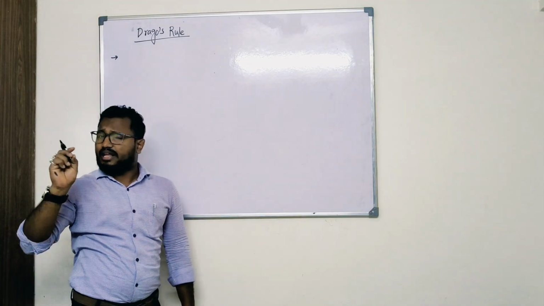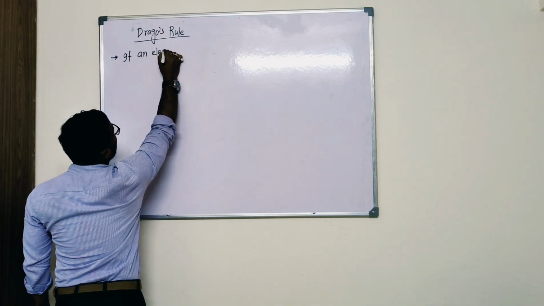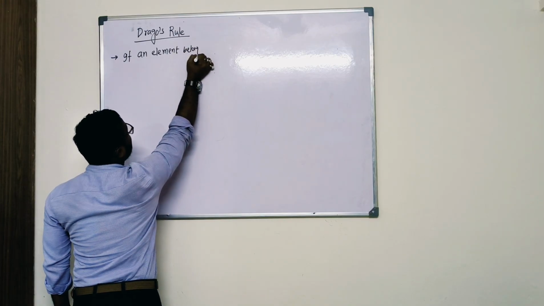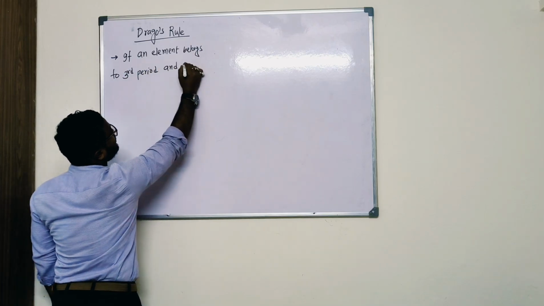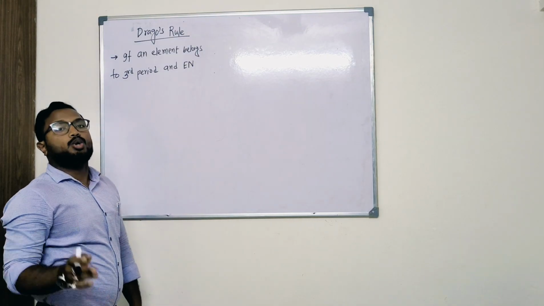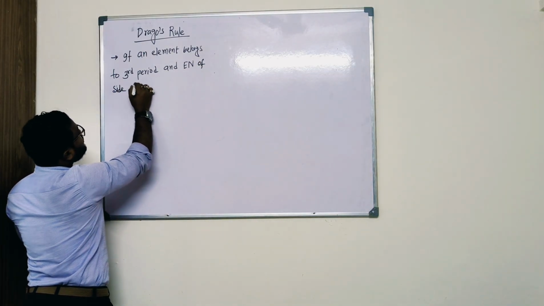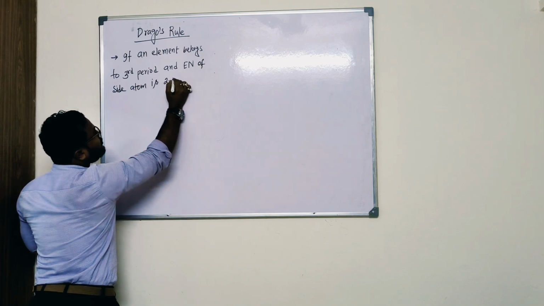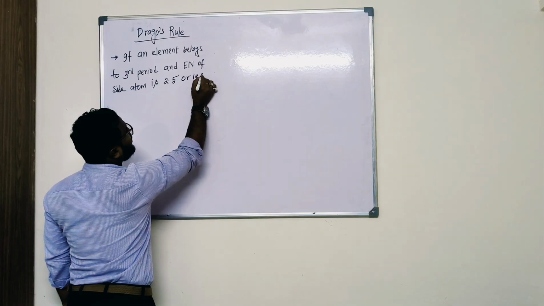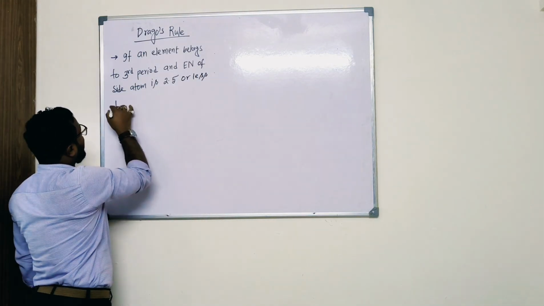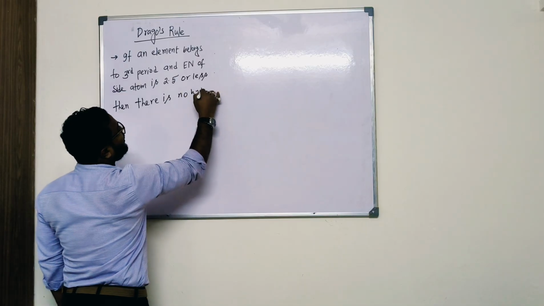We consider that if an element belongs to the third period and the electronegativity of the side atom is 2.5 or less, then there is no hybridization.